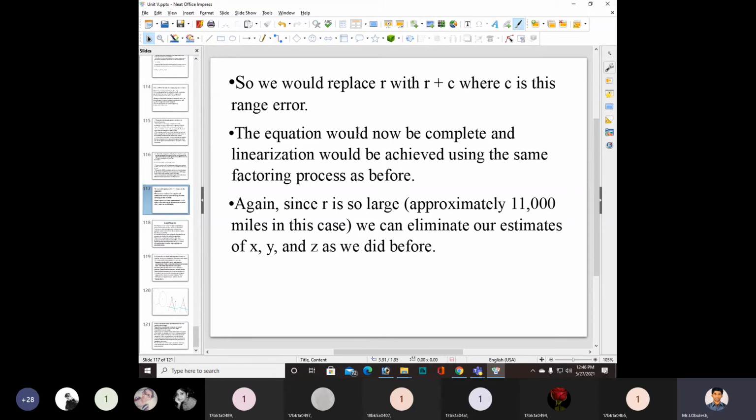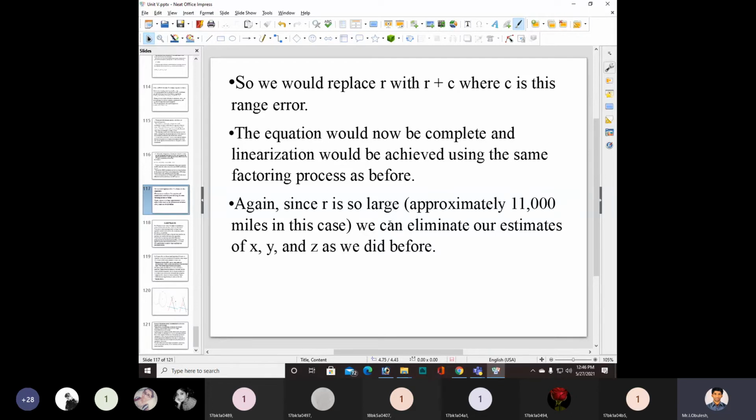The equation would now be complete and linearization would be achieved using the same factoring process as before.